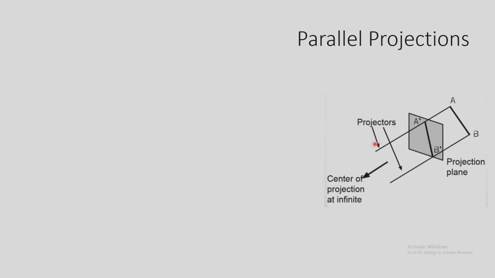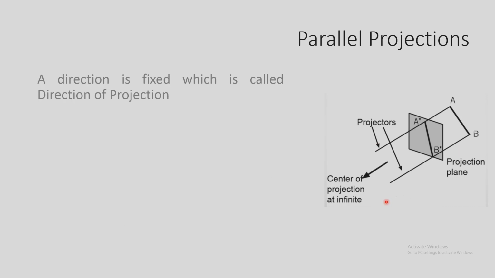So next kind of projection is parallel. Parallel projections, here we don't have a point of projection, we have a direction, we have a fixed direction, and this direction is called direction of projection, or it is also called projector. So this direction is fixed in the parallel projection.